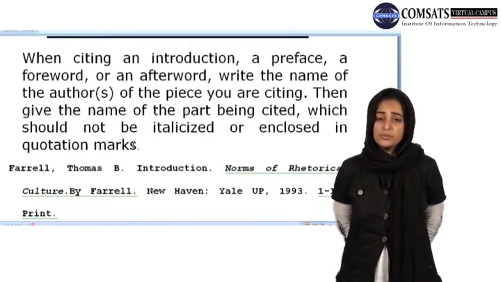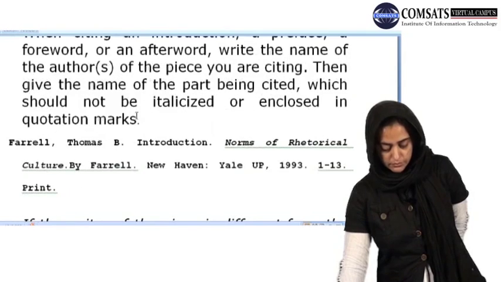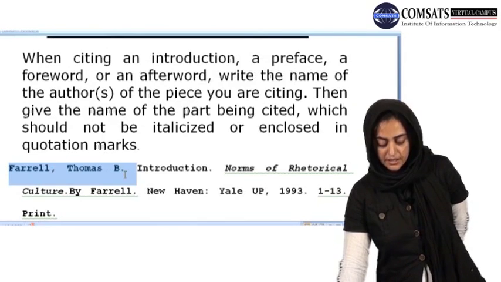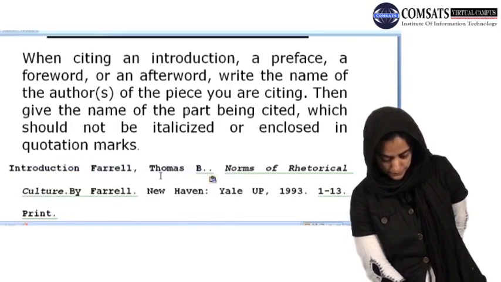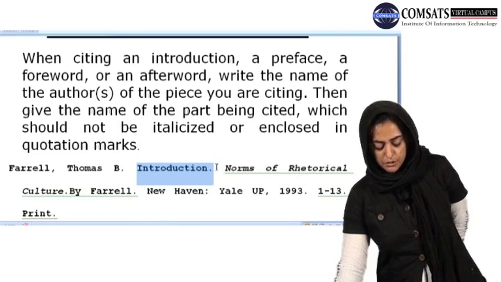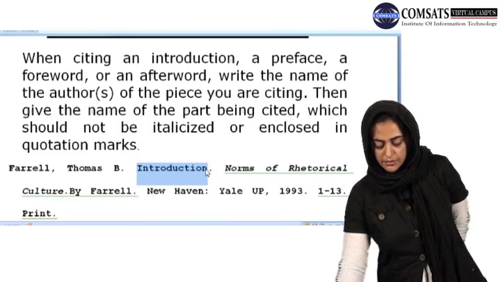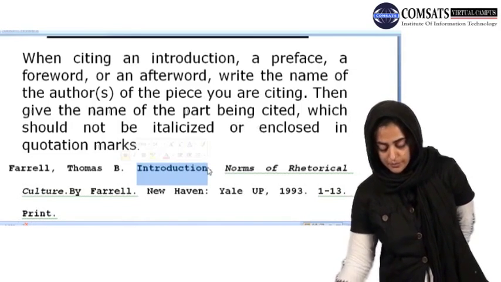You will be starting right away with the name of the author, as you can see on the screen. Name of the author, last name, first name style, and after that you will be writing the name of the piece that you are citing here. This person, Mr. Thomas Farrell, has written this introduction, so you will be writing the word introduction after the name of the author.